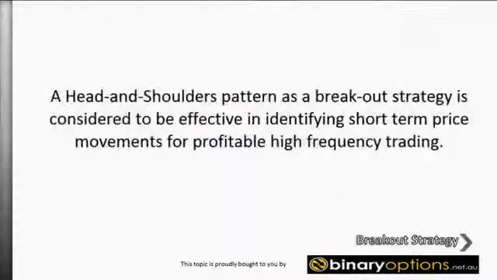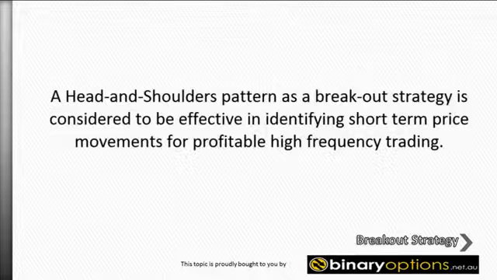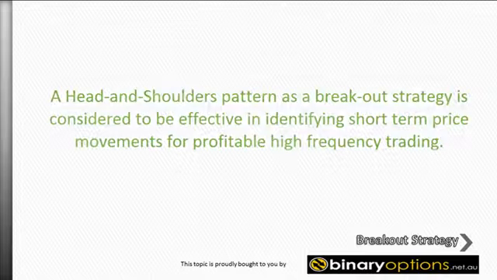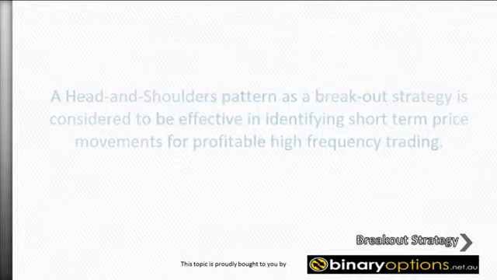Because binary options traders are not concerned with how much an asset moves in price, only the direction, utilizing a head and shoulders pattern as a breakout strategy is considered to be effective in identifying short-term price movements for profitable high-frequency trading.